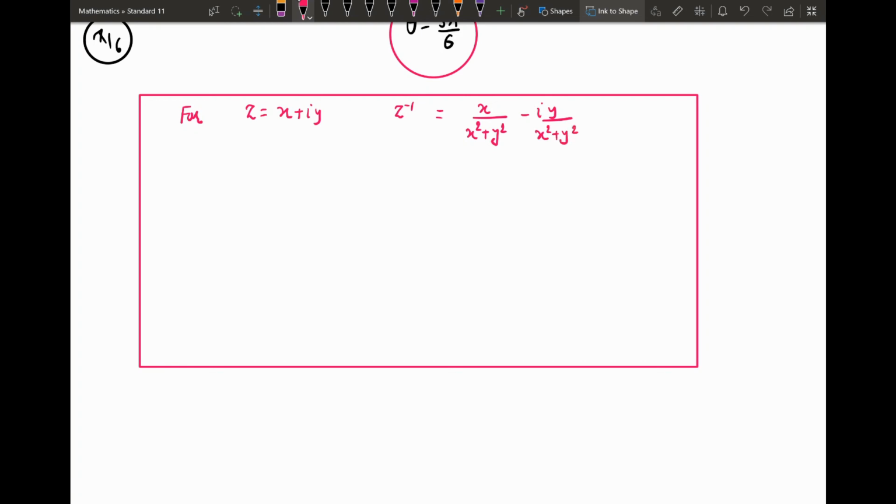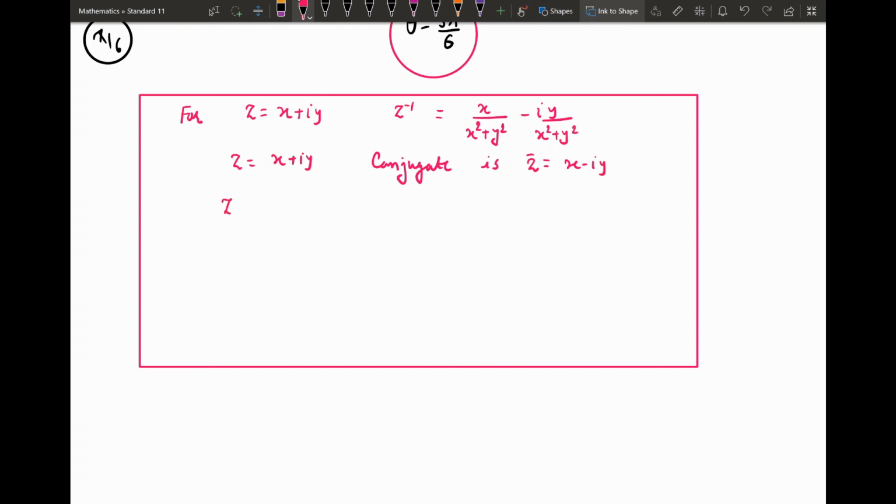This is the multiplicative inverse. For z equal to x plus iy, the conjugate is z bar and it is x minus iy.